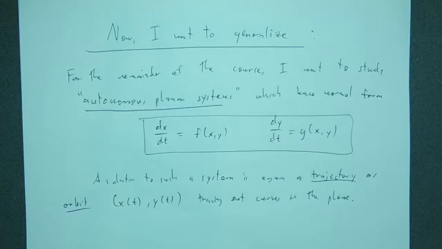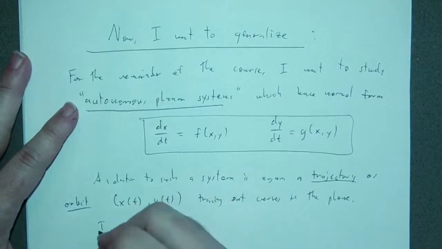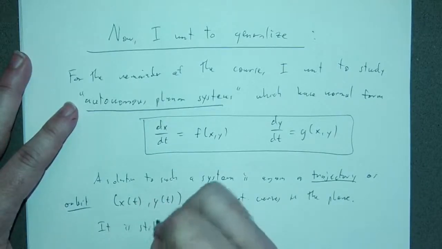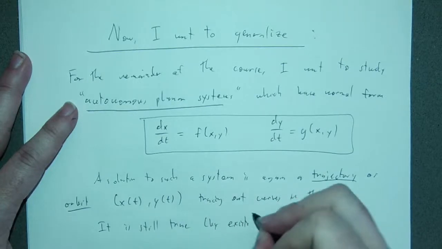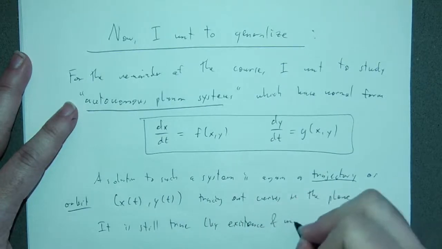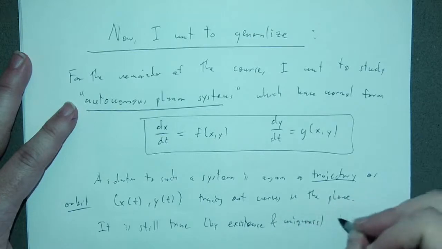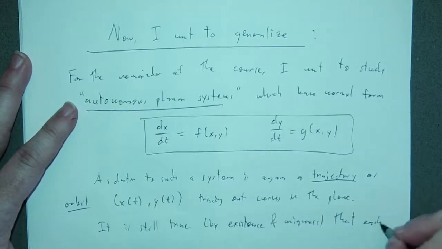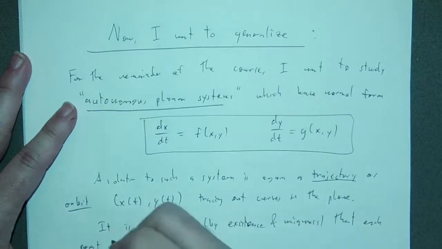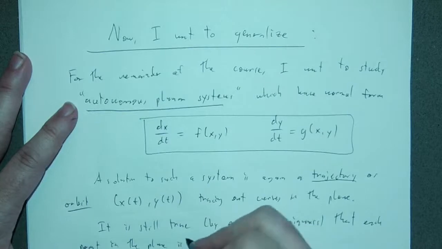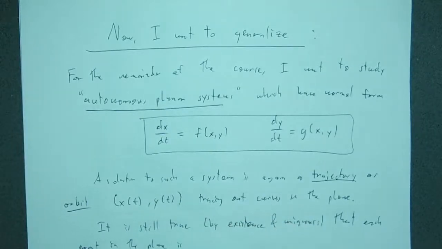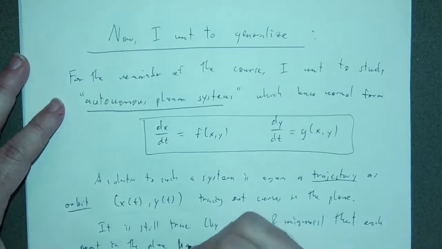Okay. Well, it is still true, by existence and uniqueness, that each point in the plane has exactly one orbit passing through it.